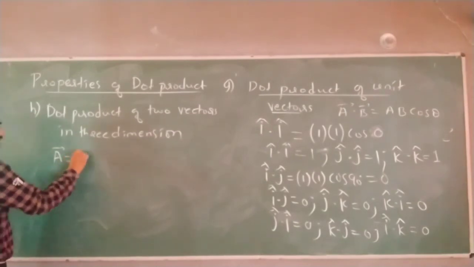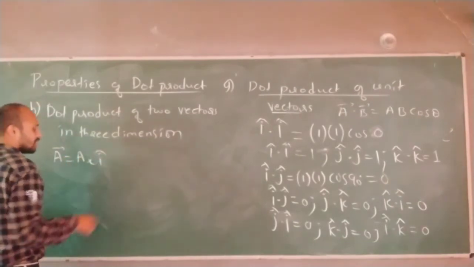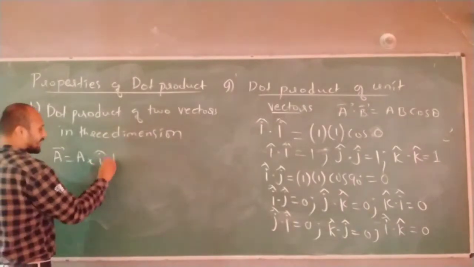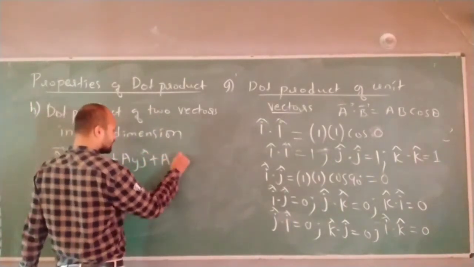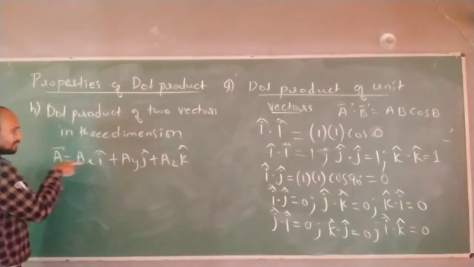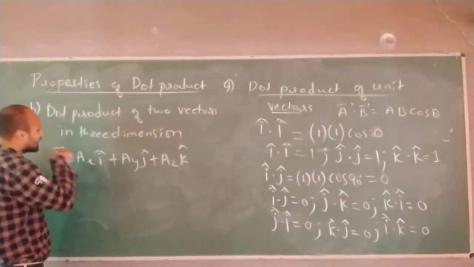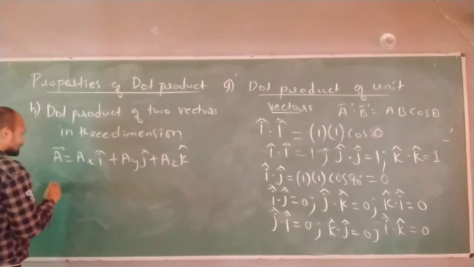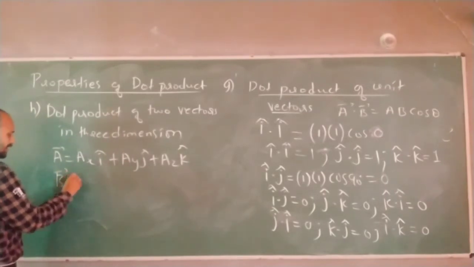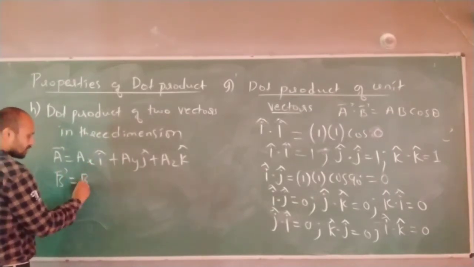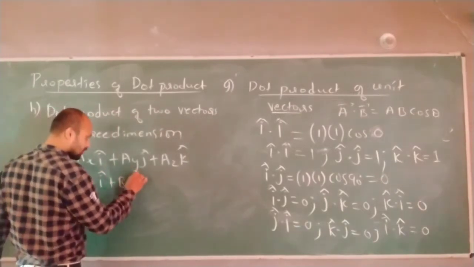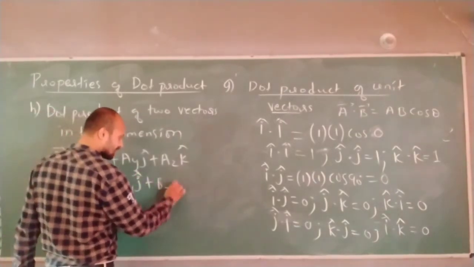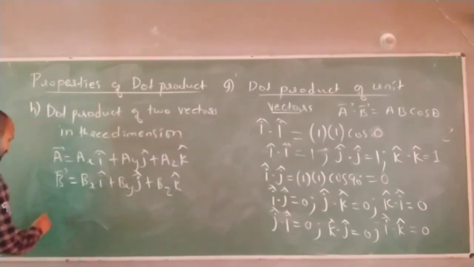Vector A is having components of Ax I cap, Ay j cap, Az k cap. Ax is the magnitude along x axis, I is the direction. Correct? Same way, vector B has got Bx I cap, By j cap, then Bz k cap.